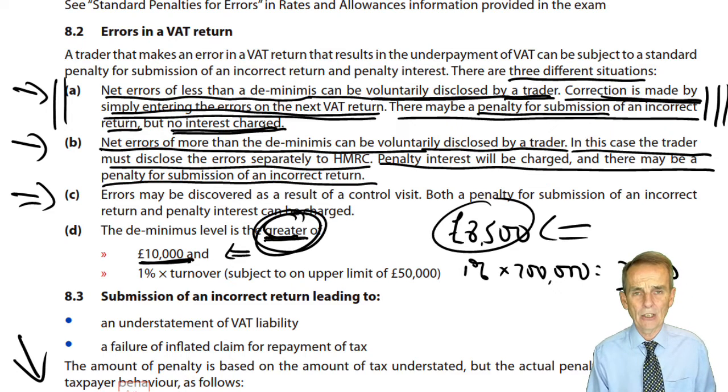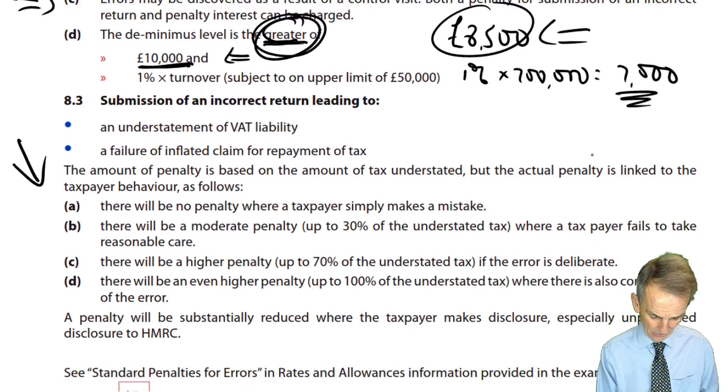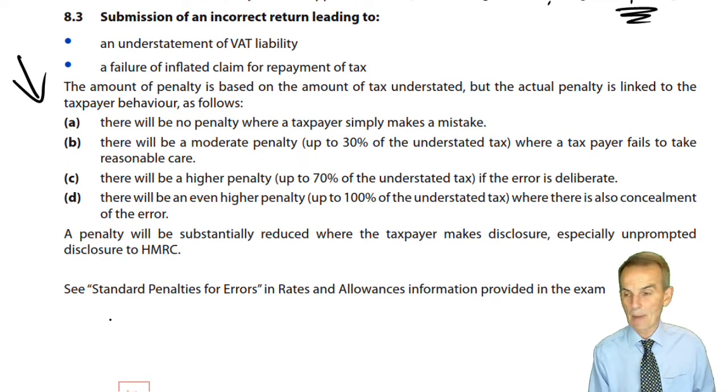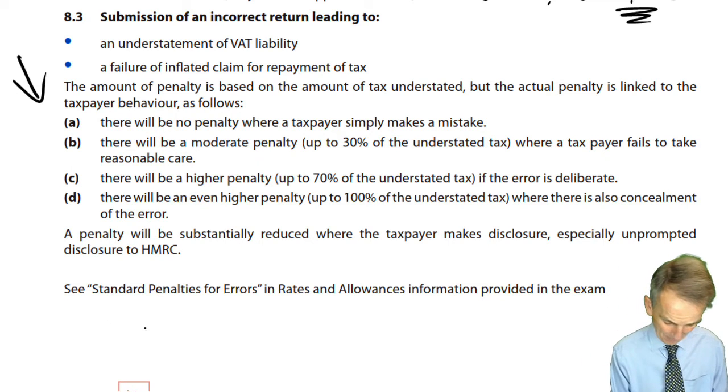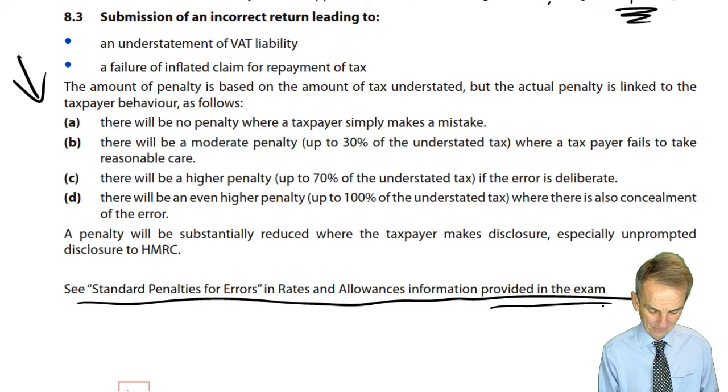Now again, thankfully, in terms of the penalty system, we don't now have to memorise all the different possible outcomes. That information, as we know, is given to us on the fact sheet that we have, well, on the fact pages within your computer there, but the standard penalties for errors, the rates and allowances information provided in the exam.